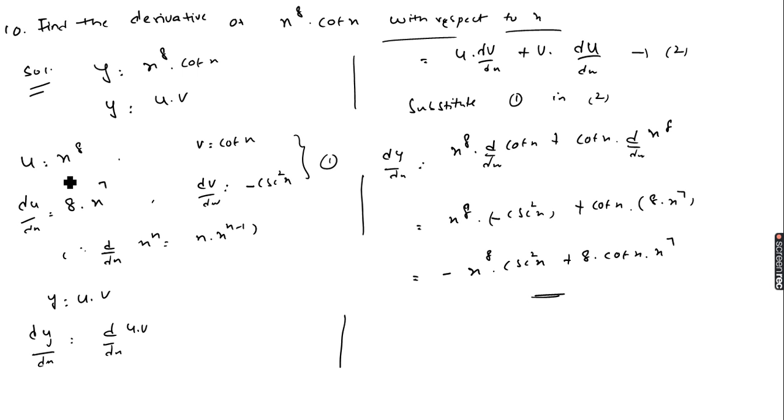And v is cot x, and the differentiation of cot x is minus cosecant square x. We write dy by dx as u into dv by dx plus v into du by dx. Substitute the values and simplify, and we get minus x power 8 into cosecant square x plus 8 into cot x into x power 7.